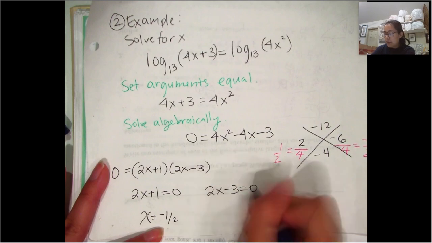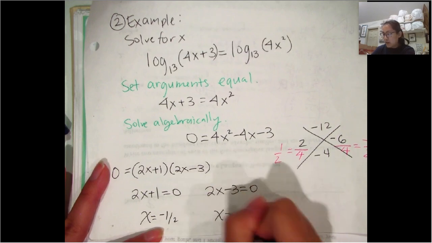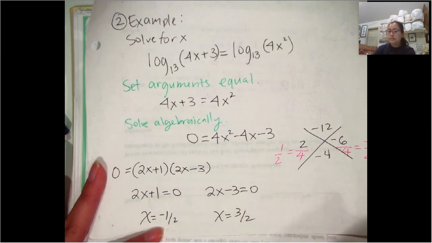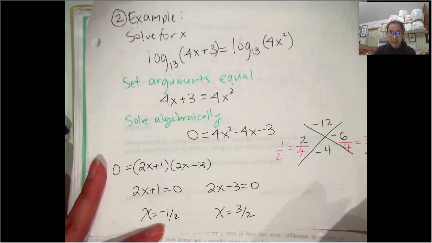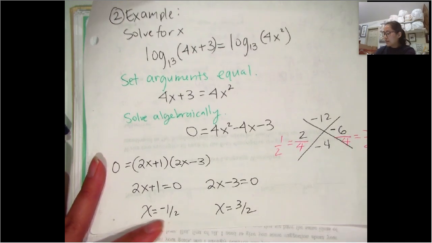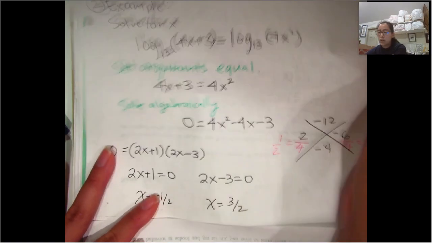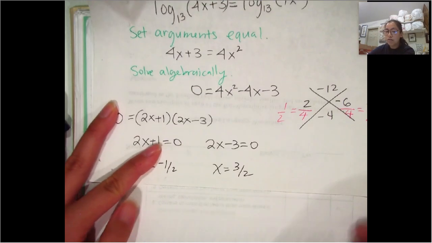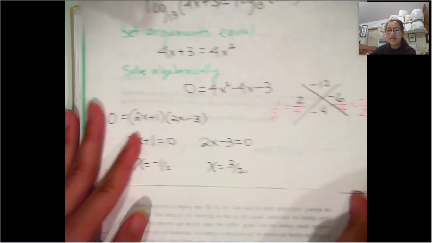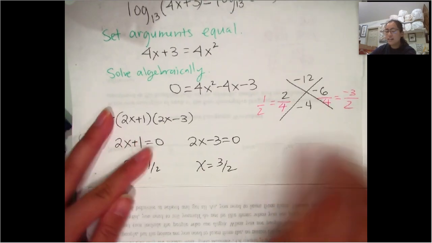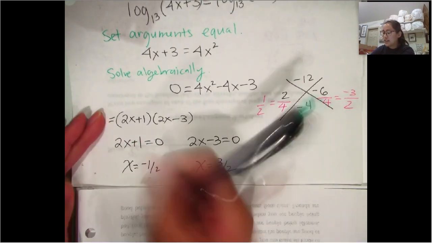And then you add the 3 and divide by 2, you get x equals 3/2. Are we done? No, of course we're not done. We always have to check. When we're solving equations, we need to check to make sure that there are no extraneous solutions. Y'all remember that word, extraneous solutions.